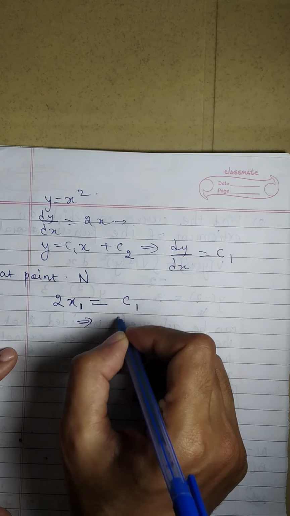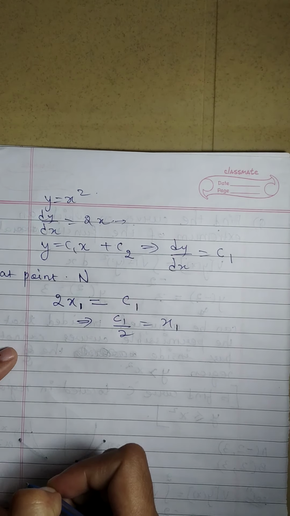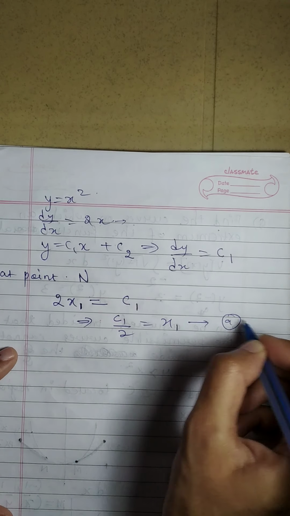So that will imply c1 by 2 is equal to x1. This will be one condition.